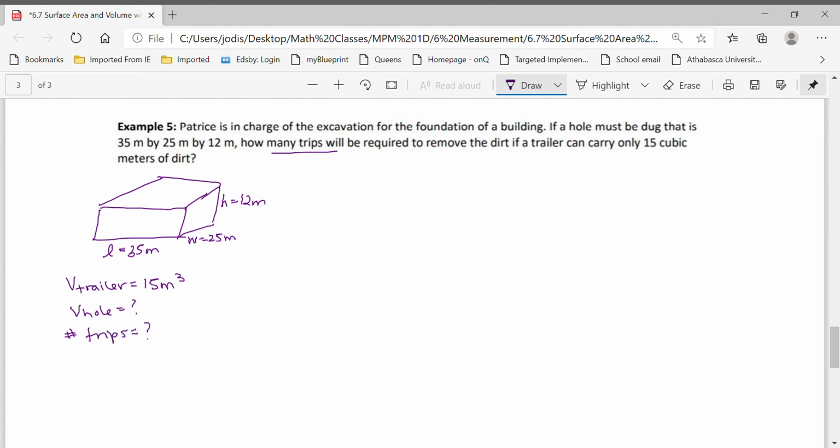Okay, so let's figure out the volume of this hole first. So the volume of the hole is length times width times height. So 35 times 25 times 12. And we get 10500 meters cubed. Okay, so next we need to find the number of trips.